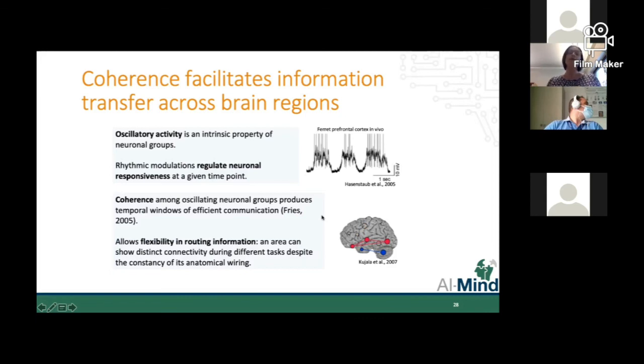So these types of mechanisms could allow for flexibility in, for example, routing information. An area could be differently connected during different tasks, even if the anatomical wiring is the same. Now, of course, if there are some pathological mechanisms causing abnormalities in the oscillations, then this also means that information flow across networks will be impaired.